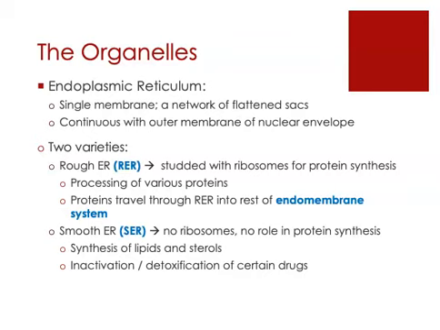This is the kind of processing work that occurs inside the rough endoplasmic reticulum. The proteins will travel through all of this network of membrane through the rough endoplasmic reticulum and then travel on to other parts of the cell where they will be further processed before they go to wherever it is that those proteins are going to live and function.